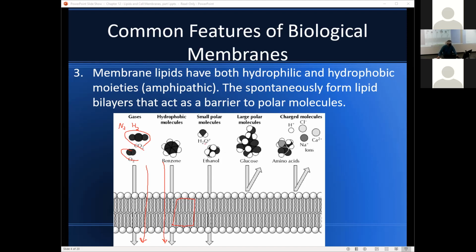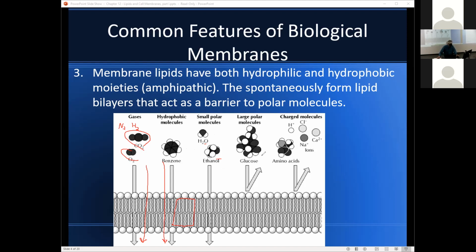Molecules like water and ethanol can cross a phospholipid bilayer, but not freely like these small, nonpolar, uncharged gases can. They're going to need some osmotic pressure in order to get across the bilayer. So these can cross, but not easily.